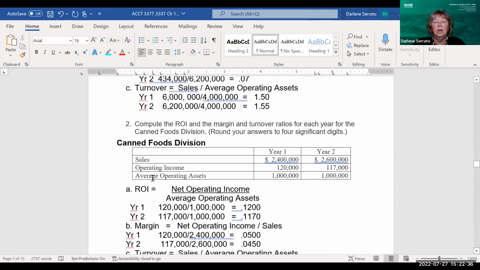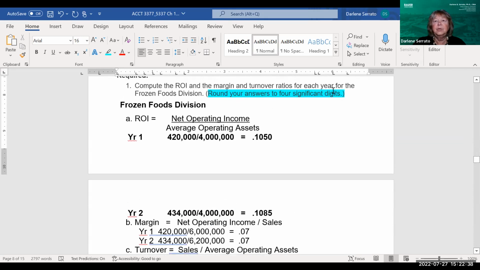So that is working through chapter 10. So for chapter 10, you need to know how to calculate ROI, margin, turnover, residual income, economic value added, EVA.